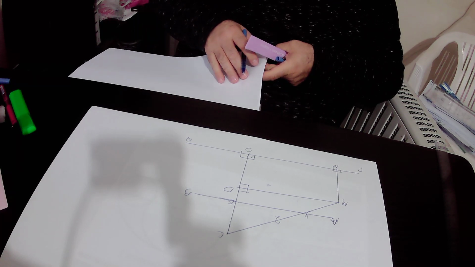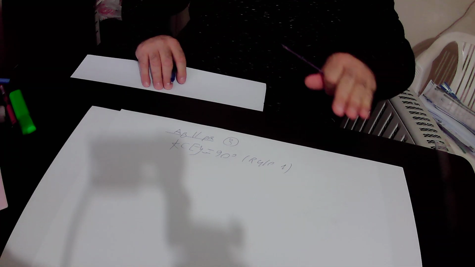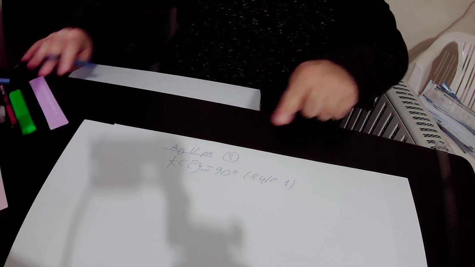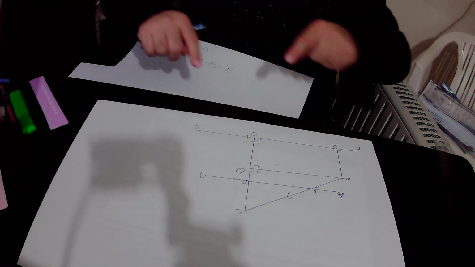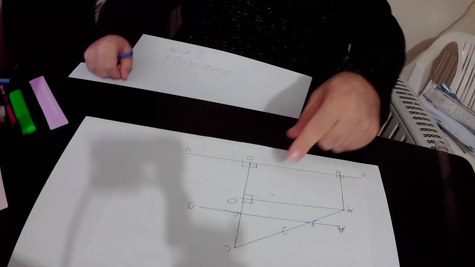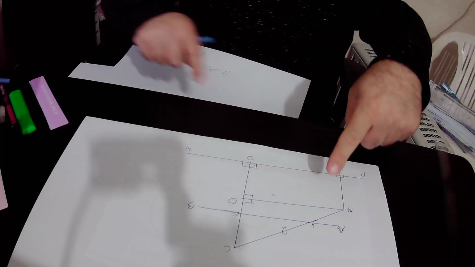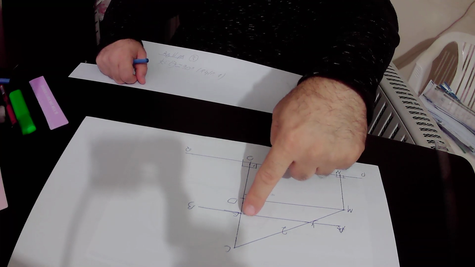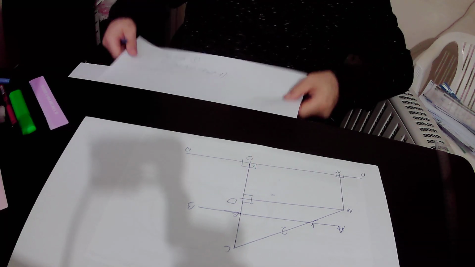I will repeat again. Because AB is parallel to PQ, and those two angles are located between the parallel lines AB and PQ, they are equal to each other. That is to say, this angle, that is angle CEY, equals this angle that equals 90 degrees.